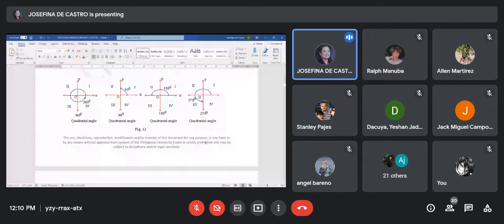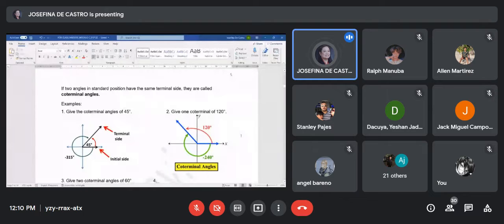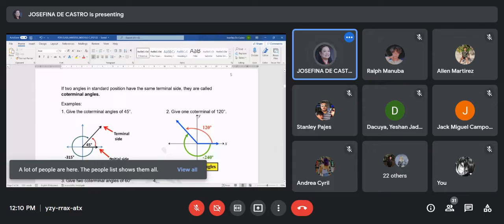Ayan. 270 degrees and 360. So, isang ikot, which is equivalent to a circle. Pag isang ikot, if the terminal side and the initial side of the angle coincide, then it's either 0 degree or nakaikot na siya, 360 degrees.